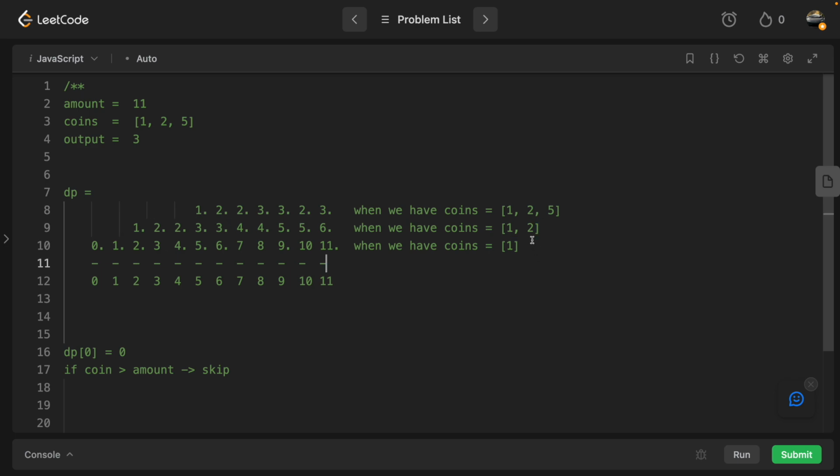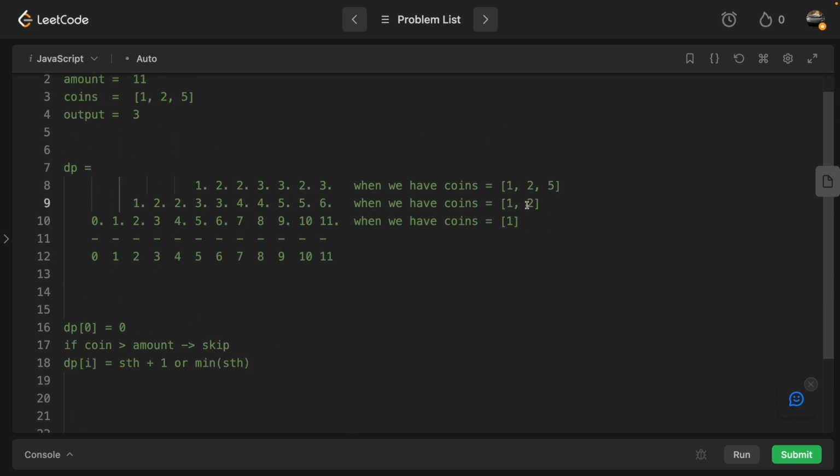And here if we have the coin 1, 2, and 5, we can see that each of the values stays the same or increases by 1 or also decreases. So from this observation, we kind of know that the value will be increased by 1 or we take the minimum of something. So here I'm gonna put dp[i] equal something plus 1 or the min of something.